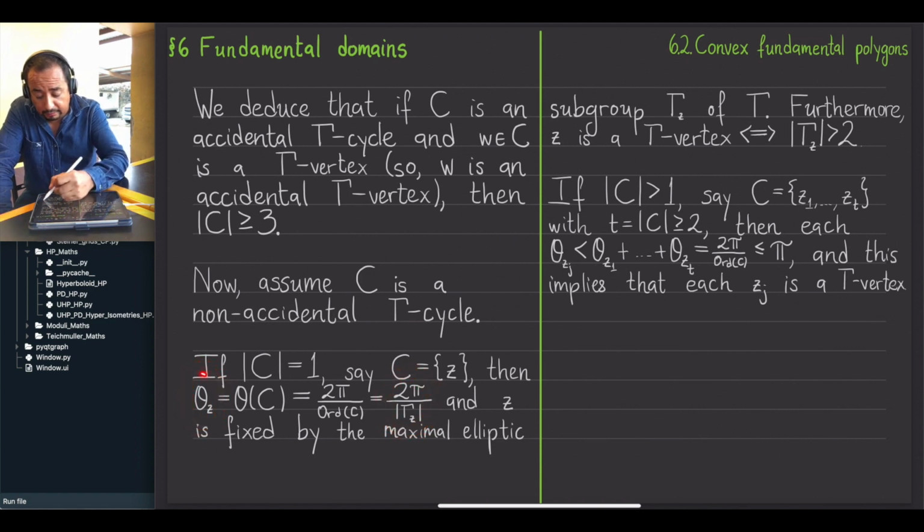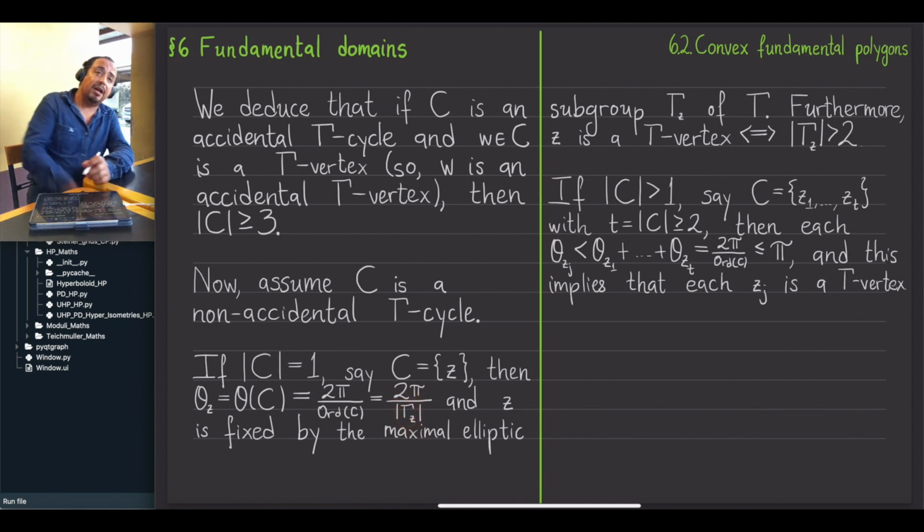And this corresponds, in the example, to the point where we had 2 pi over 4, and this had 4 elements. And Z is fixed by this elliptic subgroup of gamma, which is a maximal elliptic subgroup. Maximal in the sense that it is not contained properly in any elliptic subgroup of gamma.